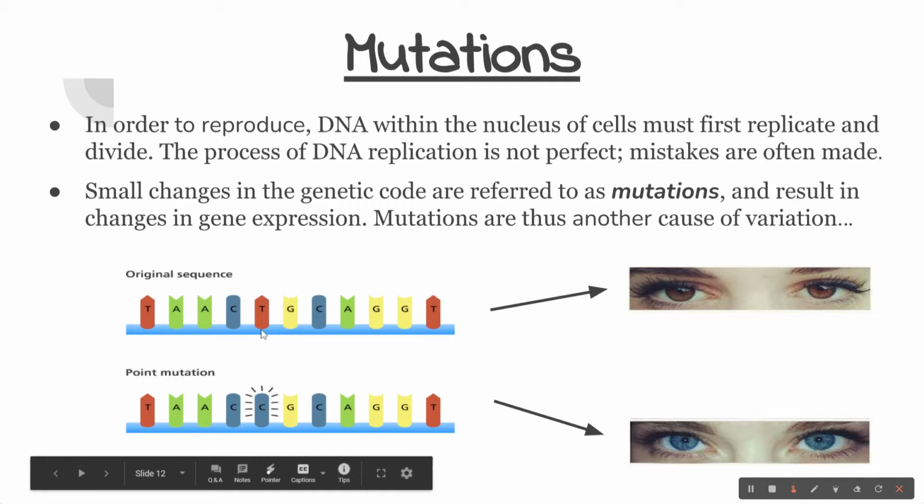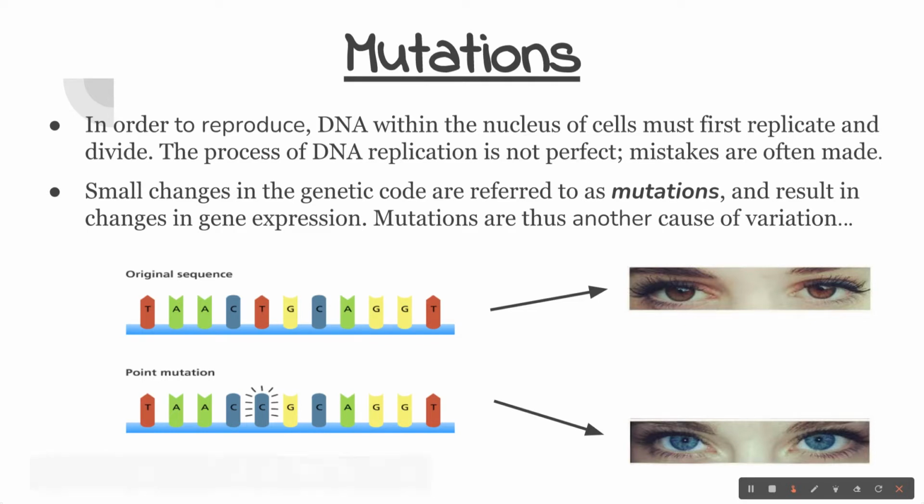But when you change this thymine to a cytosine, now you get blue eyes. So one little change will create blue eyes. All it takes is one little change, one little difference, and you'll create something totally different.